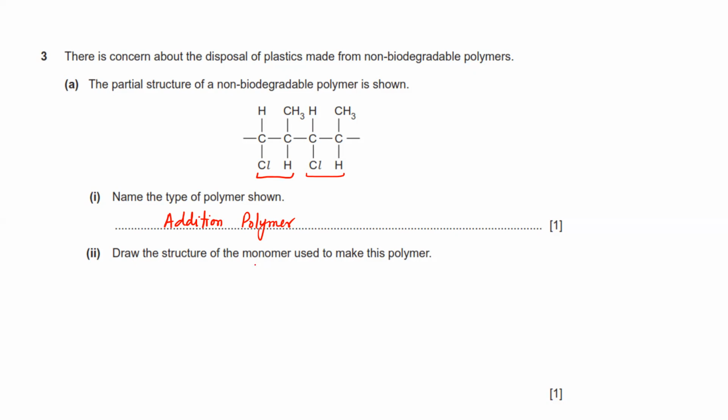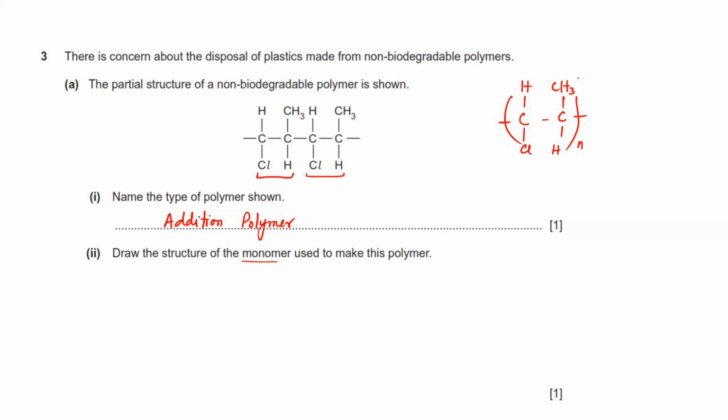Then draw the structure of the monomer used to make this polymer. If we look at this polymer, it would look something like this: this is Cl, this is H, this is H, this is CH3.